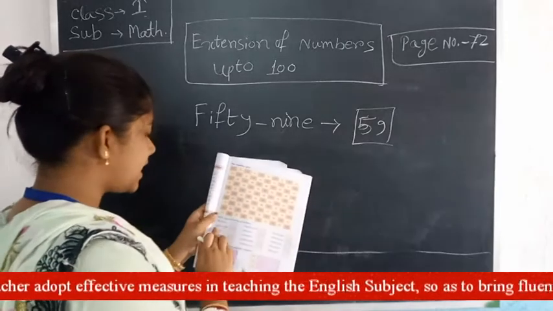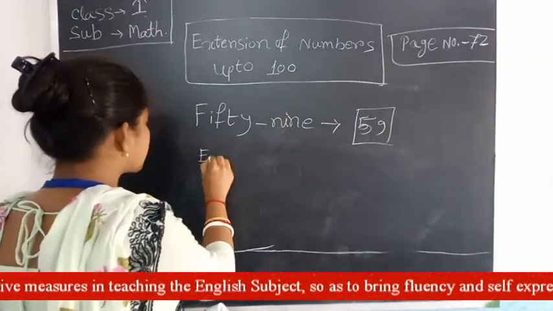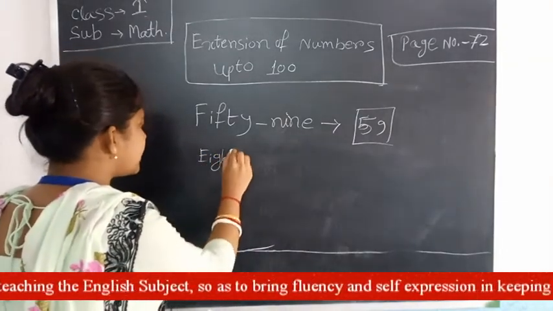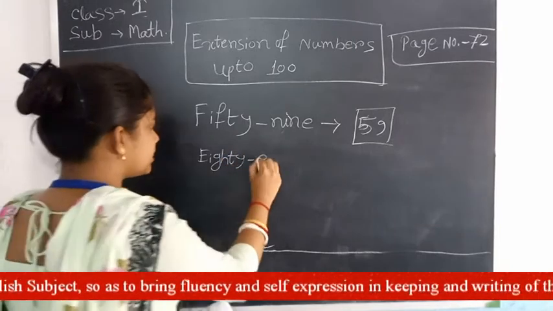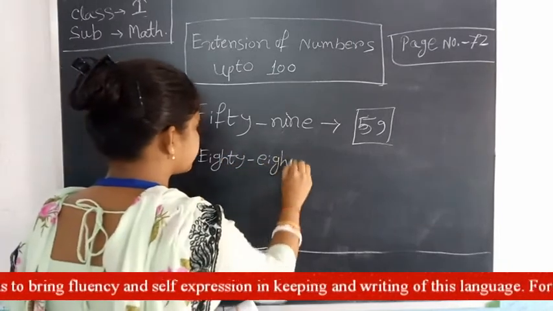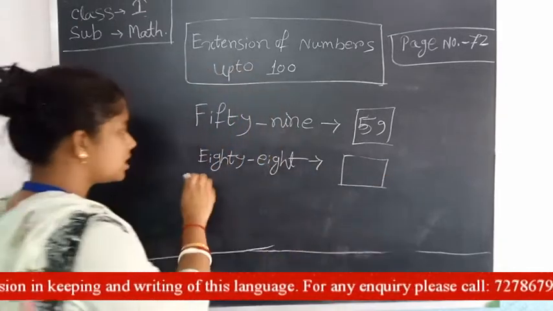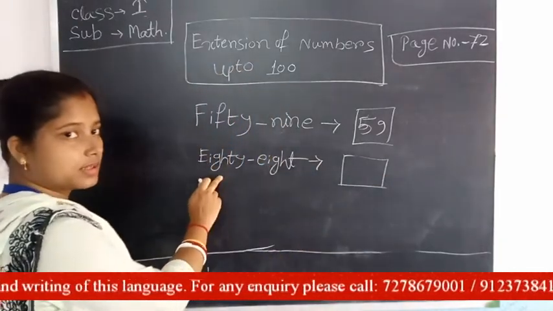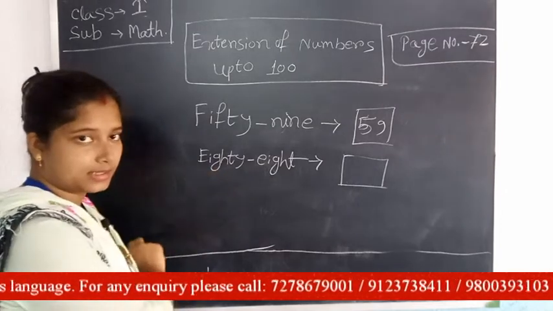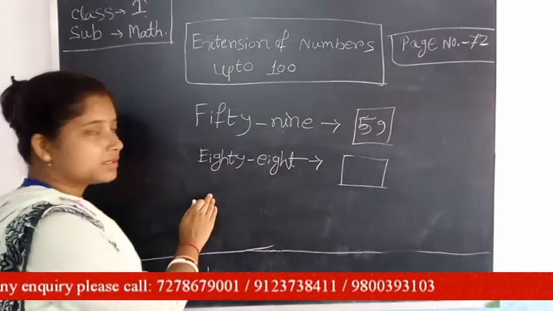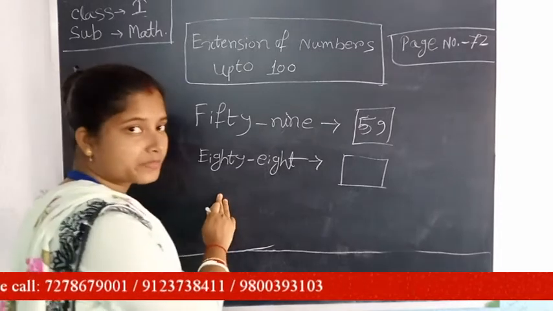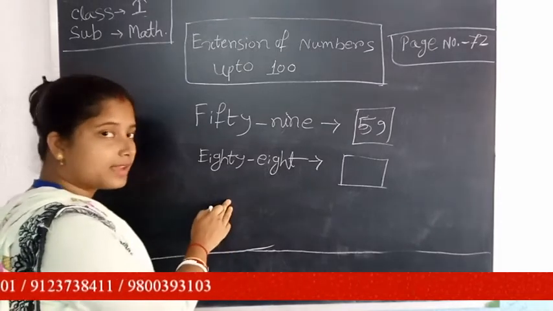And then 88, E-I-G-H-T-Y, 88. So the first name is 80. It means the number is from 80s, the group of 80s.